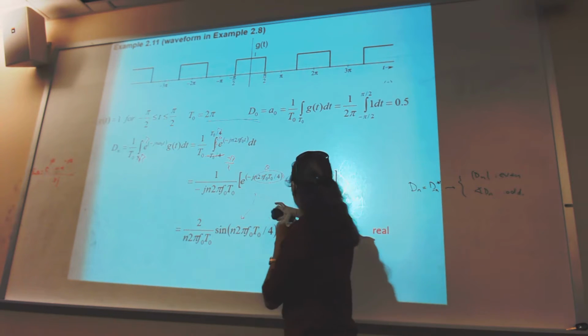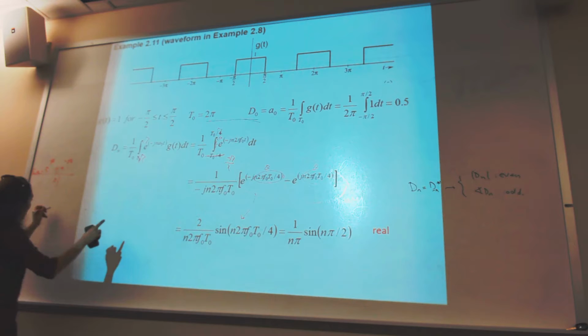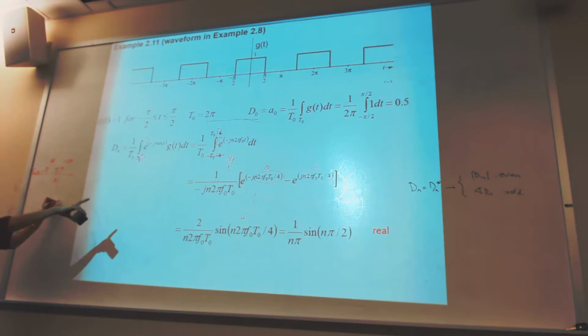So instead of this, I can write... can anybody help me on what I can write here? If I have e to the minus j theta minus e to the j theta, basically if you multiply this by negative 1, you get this, and then multiply by 2j also.